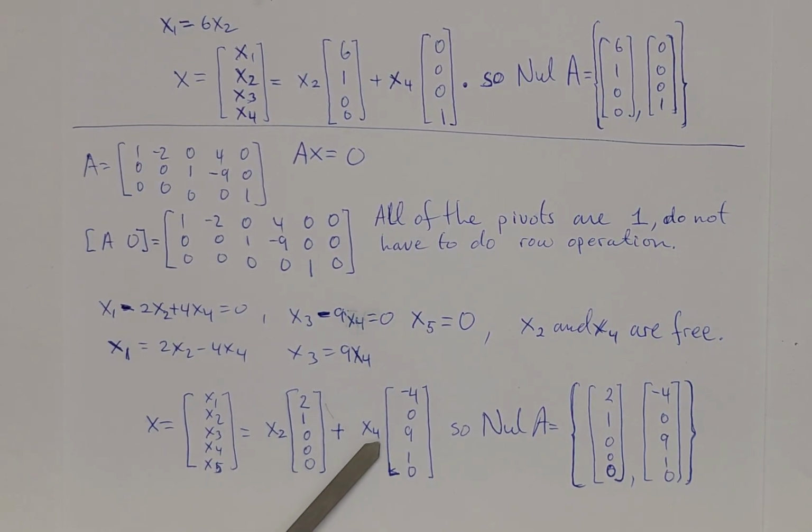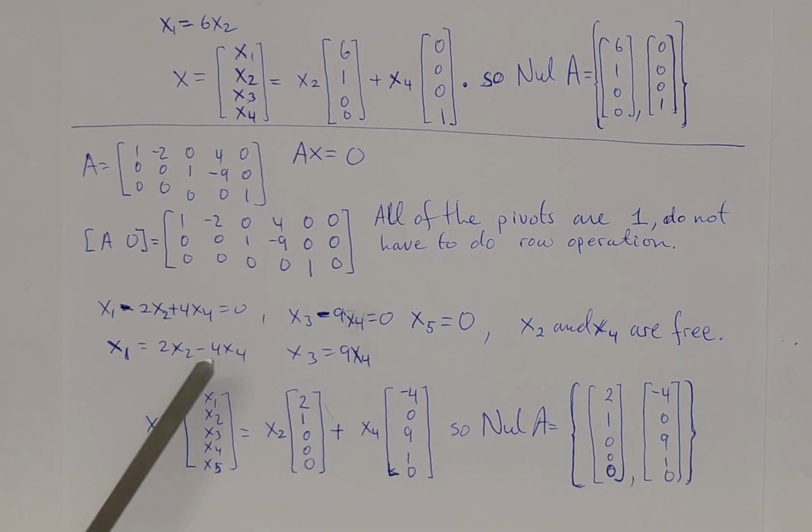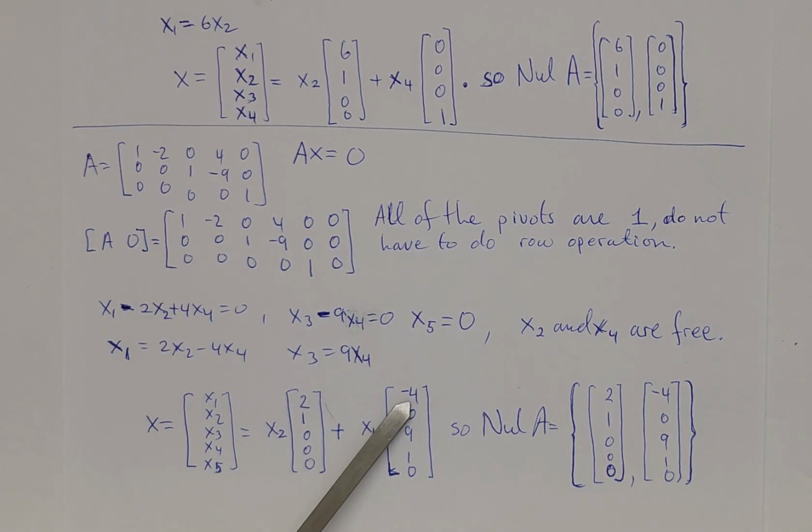Move on to the next x, which is x4. First term of x4, I have right here, negative 4. That's where the negative 4 comes from. Second term of x4, there's nothing, 0.